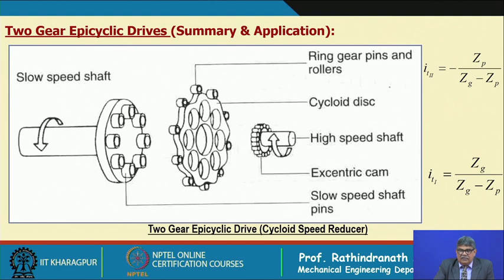So, if we take involute teeth, suppose it is a 5 module and the tooth number of the gear is 100 and pinion is 99, then the center distance will be 1 into 5 divided by 2, that is 2.5 millimeter. So, the eccentricity will be of that amount. In this case also it is very small. So, thank you.